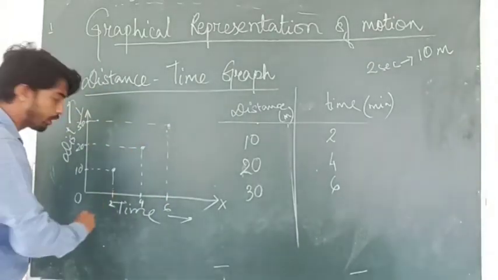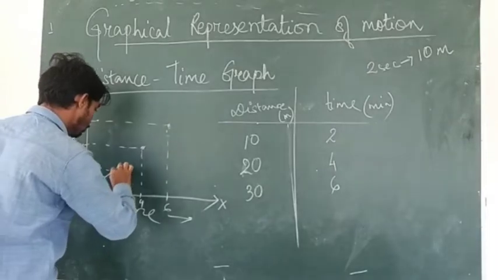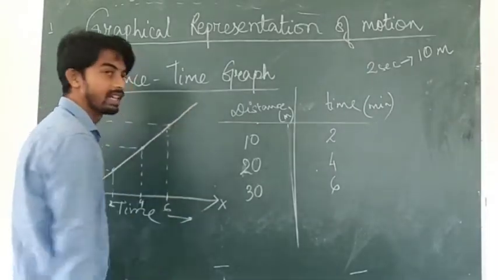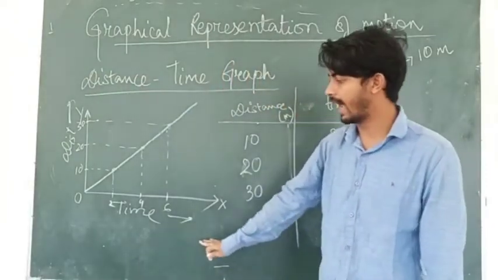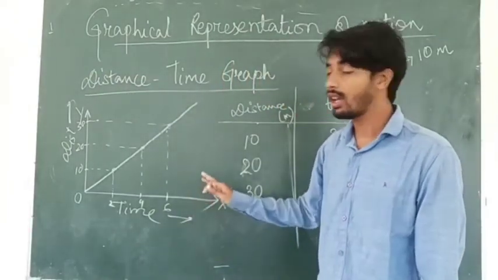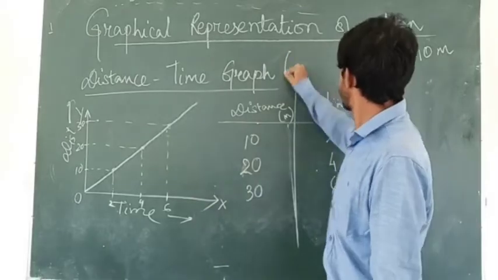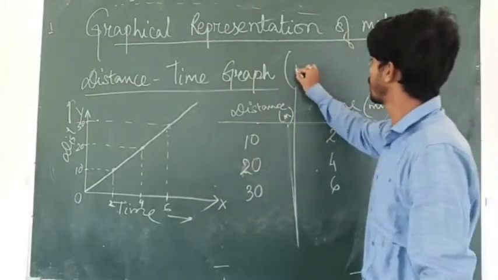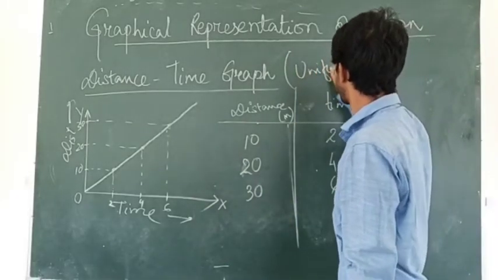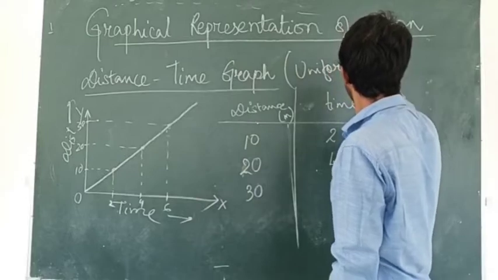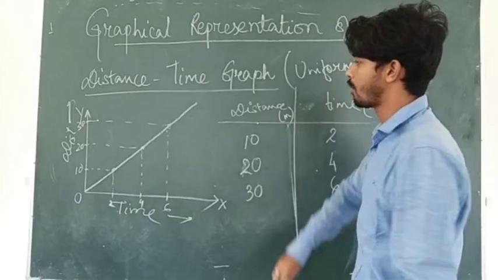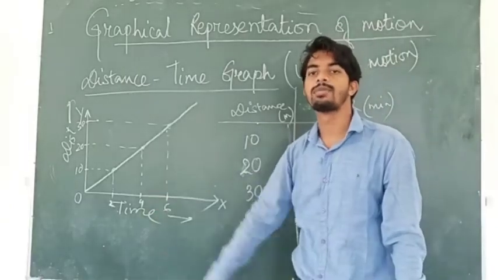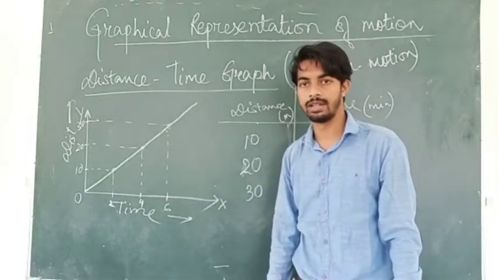If I join the 3 points, it will always come as a straight line. So from here you can understand that for a uniform motion, the distance time graph always comes as a straight line.